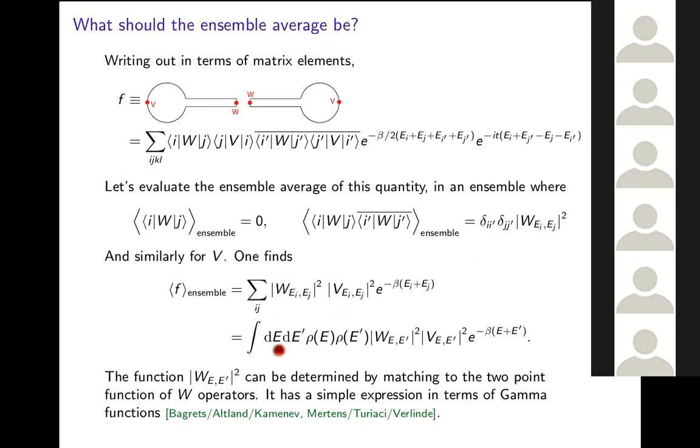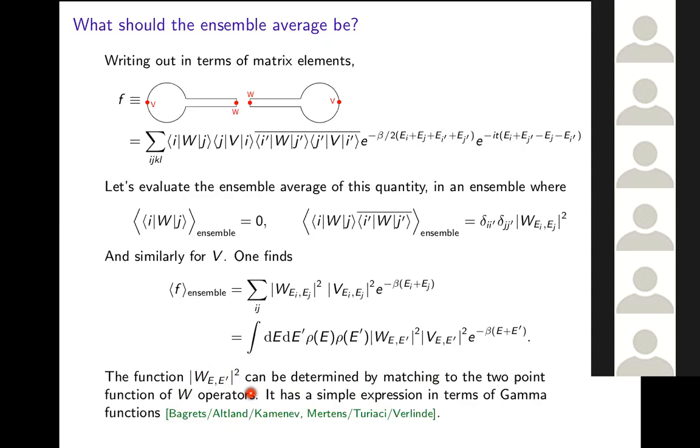So if we like, we can write that as an integral over energies with a density of states with these functions of energy. And okay, what should we take for this function of energy, this function W(E, E')? We can determine this by matching to the 2-point function of W operators.